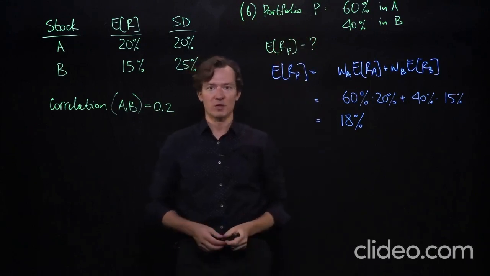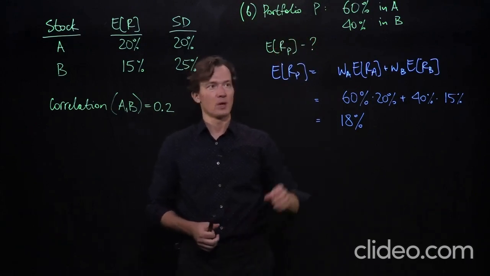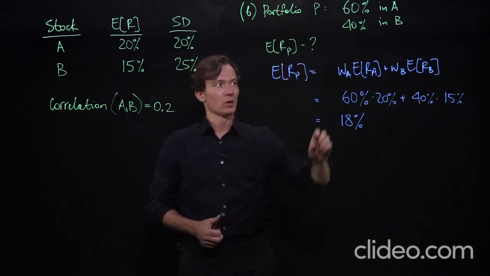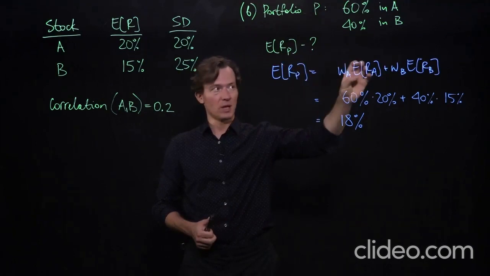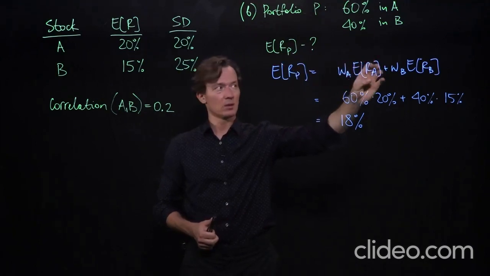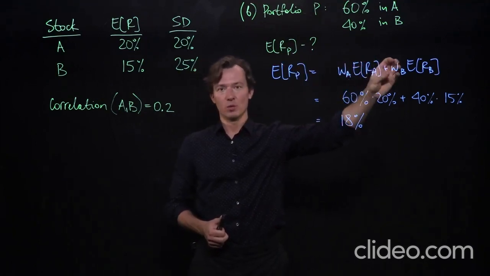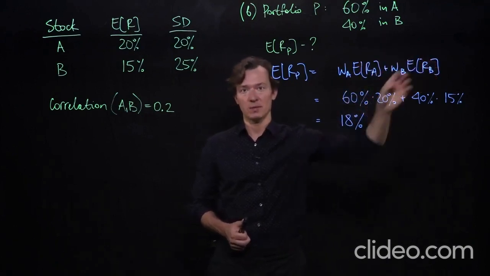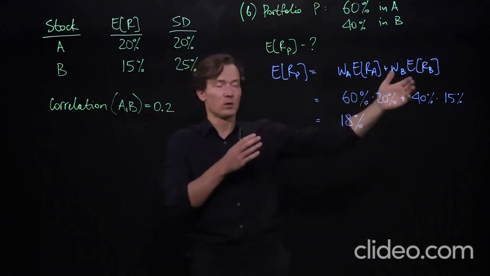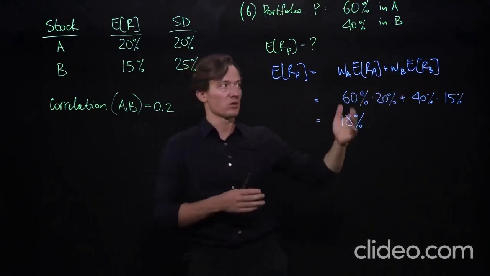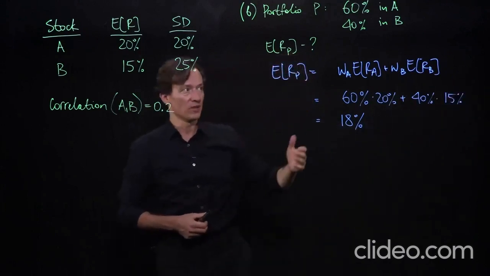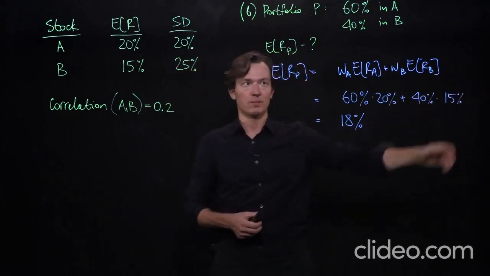Let's use the definition of expected return for a portfolio. The expected return on a portfolio equals the weight that we invest in the first stock times the expected return on this stock, plus the weight that we invest in the second stock times the expected return on the second stock. You can see that this is just a simple linear function. So if we had more stocks in our portfolio, we could just continue writing the linear expression.